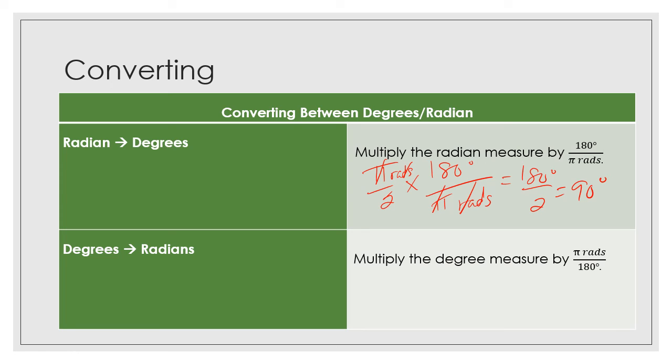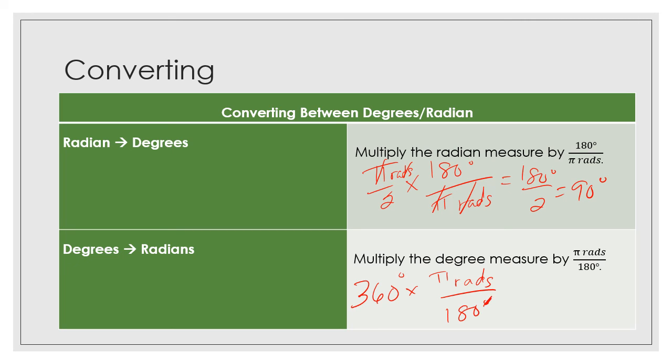And then from degrees to radians, you just flip the numerator and the denominator. So you want to multiply the degree measure instead by pi radians over 180 degrees. Let's say I have 360 degrees times pi radians over 180 degrees.